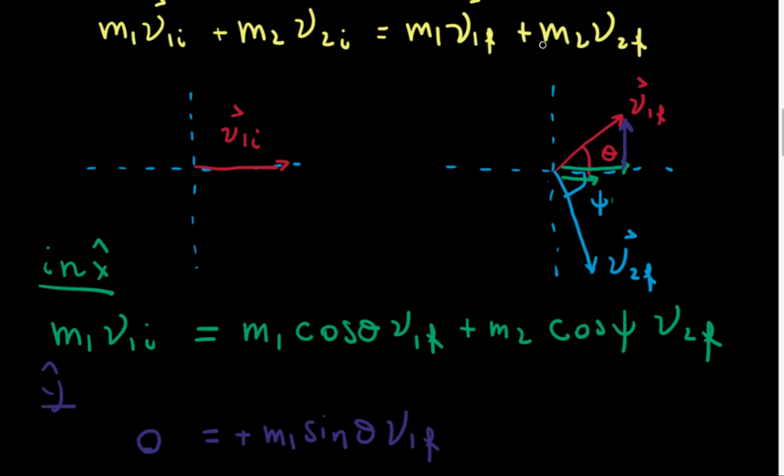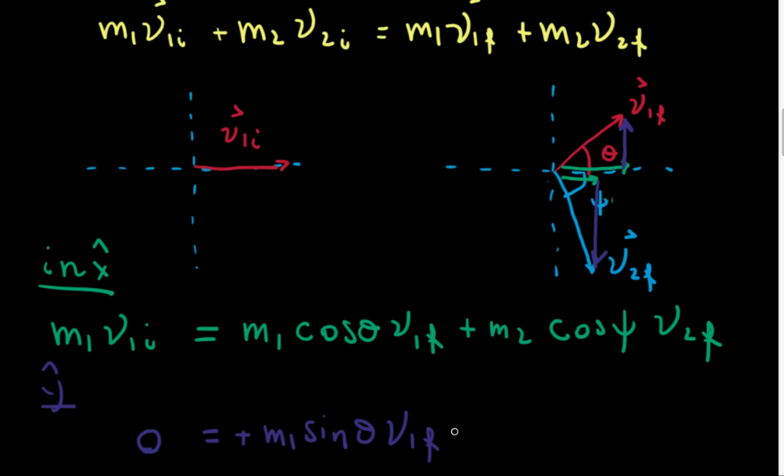The final term here, mass 2 times velocity 2 final. This one right here is this vector pointing down. And if you imagine these making a triangle, this is proportional to the sine of phi, but it points down.